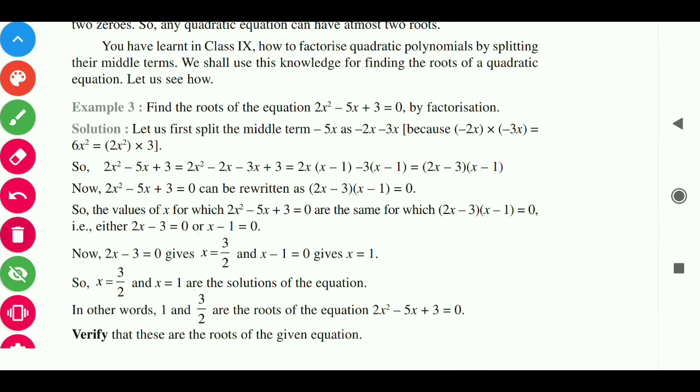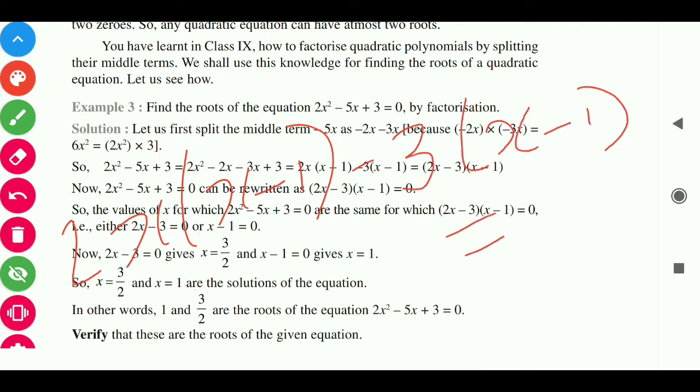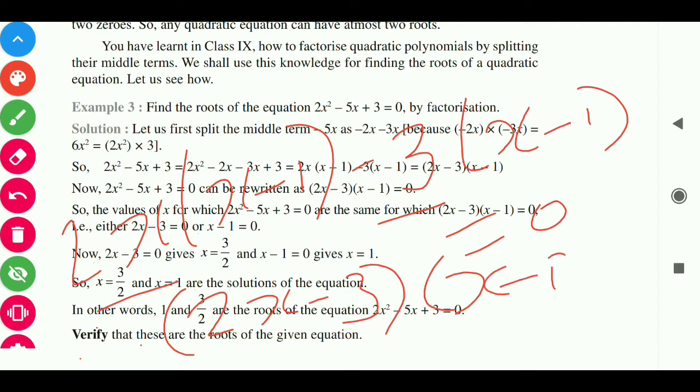So the formed equation will be 2x into x minus 1 minus 3 into x minus 1 equals to 0. Therefore, 2x minus 3 into x minus 1 equals to 0.